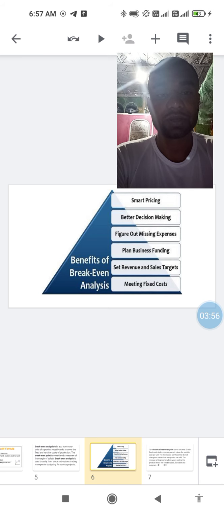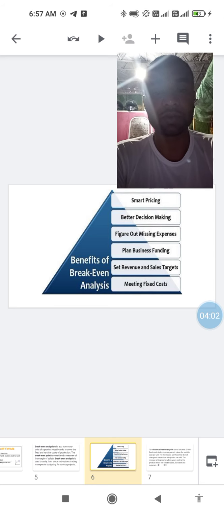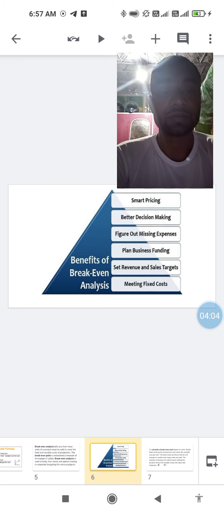So we need to work out the break-even point and analyze how to calculate it, so we can make better pricing. We can also make better decisions, figure out the missing expenses, plan business funding, and set revenue and sales targets, meeting fixed costs. These are the things that you need to make out.